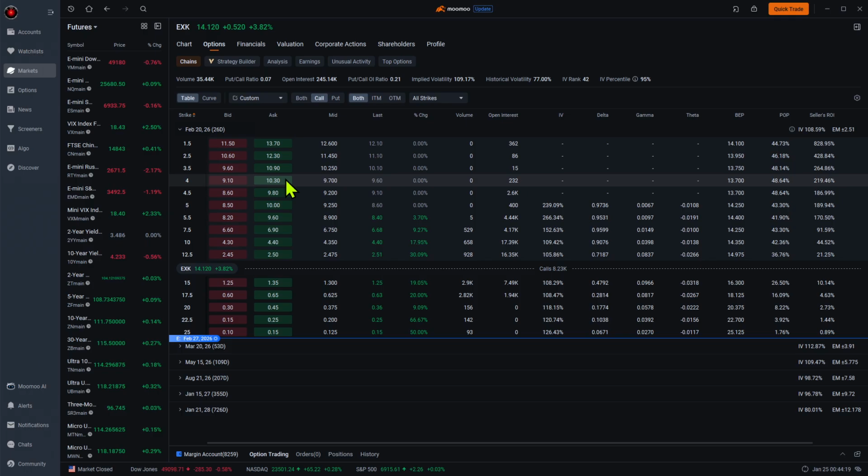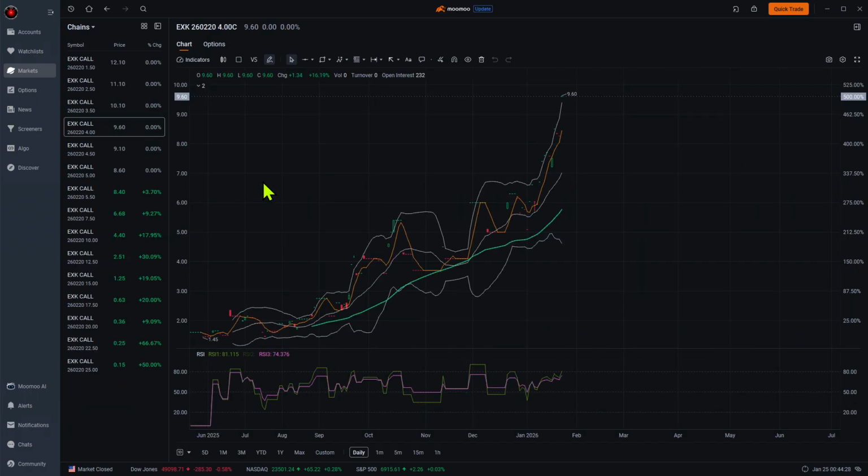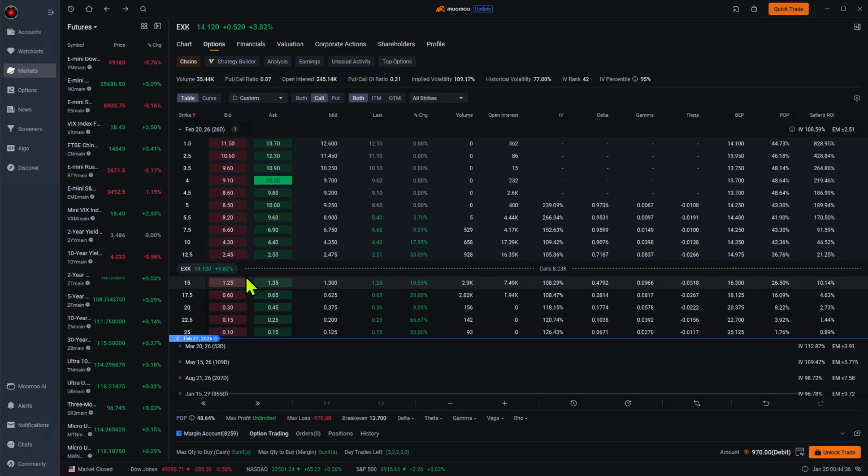Because I bought these when they were just pennies down here. And then I sold these options for more than I paid for these. So this entire spread was free. So come February, with price over 15, I can sell these for $1,100 and I got them for free.